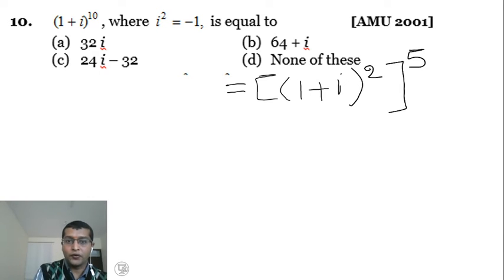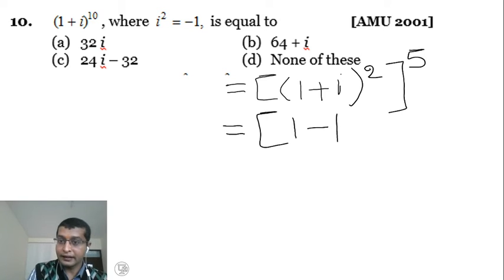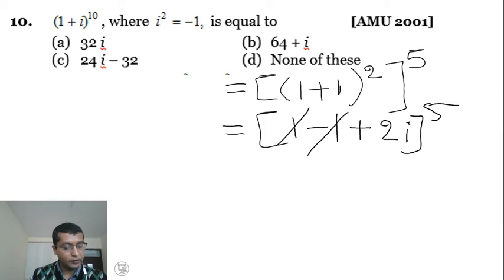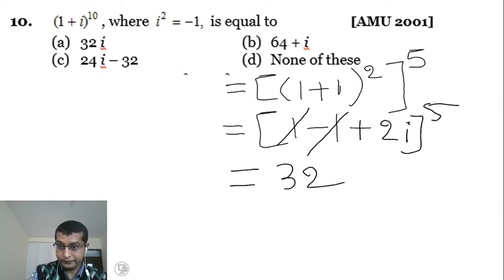Further, we know this, (a plus b) whole square: a square is 1, b square is i square, which is minus 1, and 2ab is 2i, right, raised to 5. Then plus 1 minus 1 cancel, so we get 2 raised to 5. Last example we have solved, it is 32, i raised to 5.